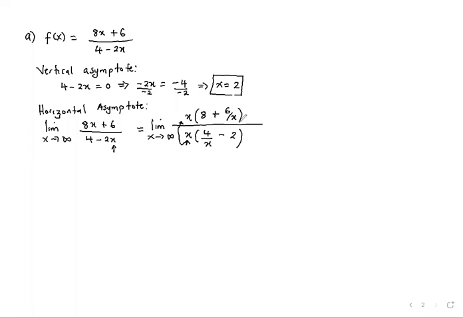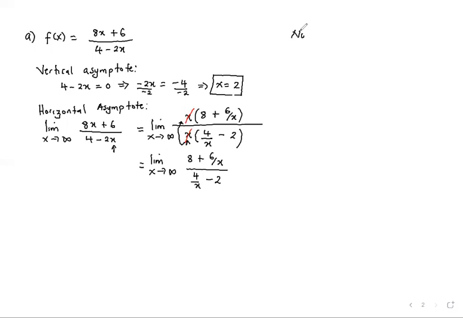Then, you see that this x and this one down can now cancel. And then you remain with the limit as x goes to infinity of 8 plus 6 over x over 4 over x minus 2.